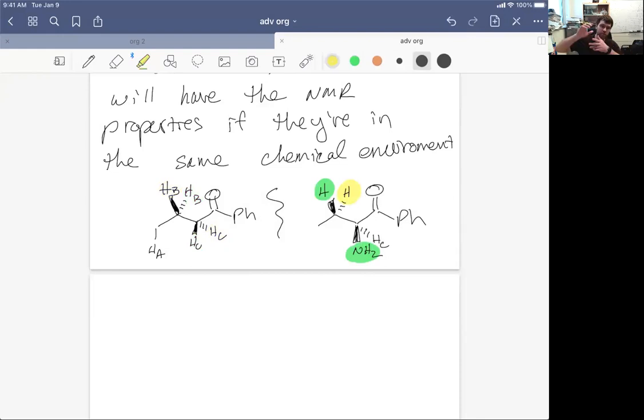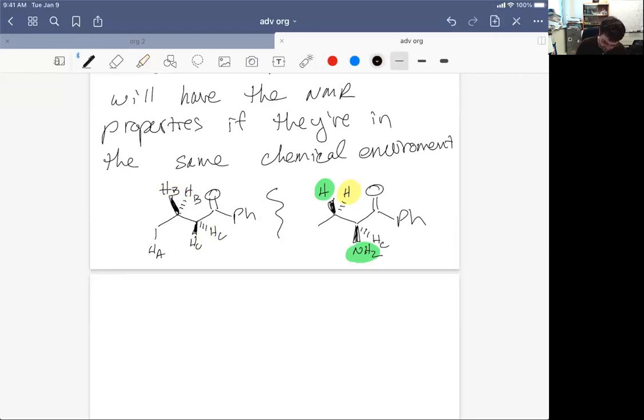Okay, now what if I rotate it? Well, if I rotate it, I'm in a similar situation where H is closer to something that's different than the other thing. By introducing the stereocenter, you take groups that are otherwise not affected by 4 different things attached to carbon, and you make them now in different chemical environments, which means we're going to have different numbers of signals in the NMR.